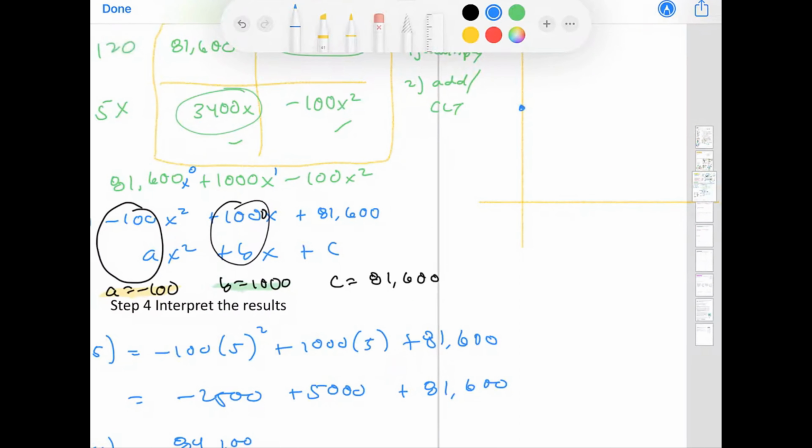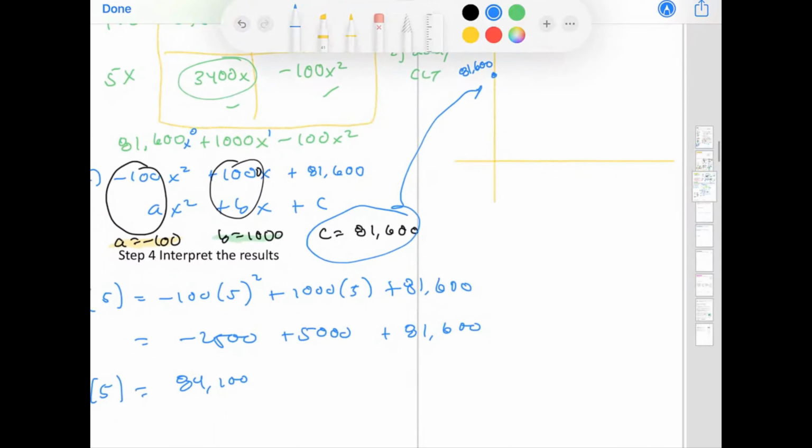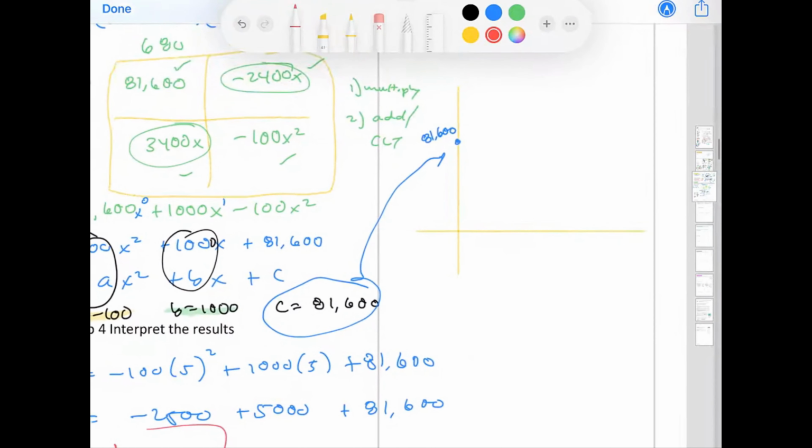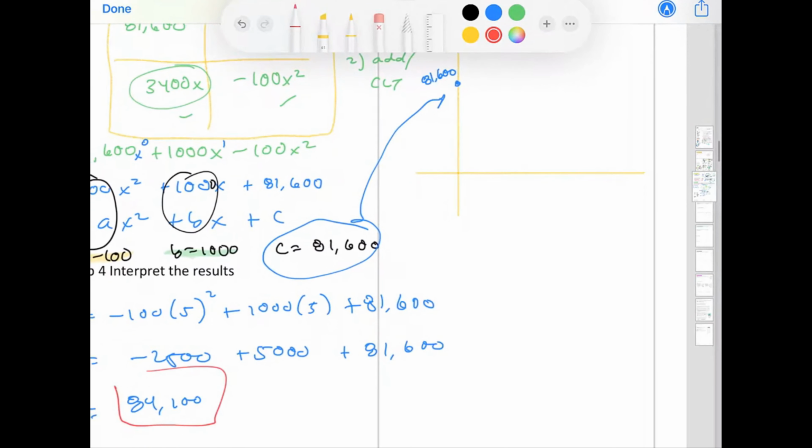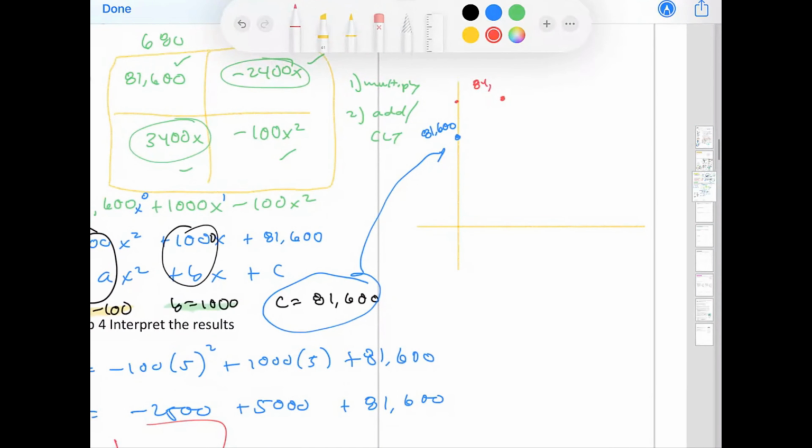This is my y-intercept, which is your c value. The vertex, which was higher than that at 84,000. And this is what my graph looks like.